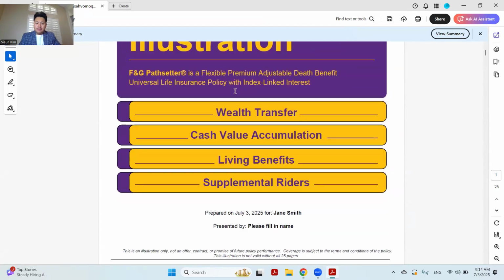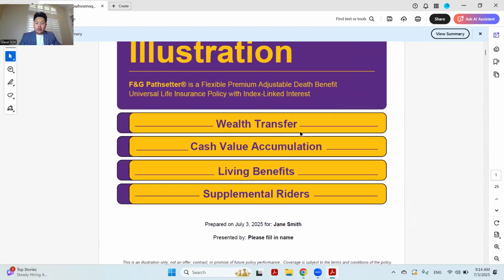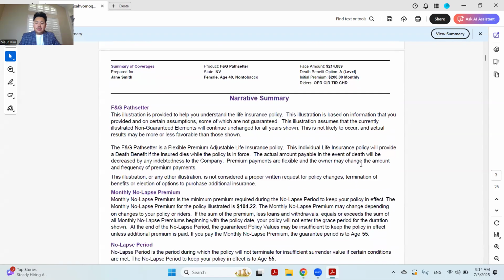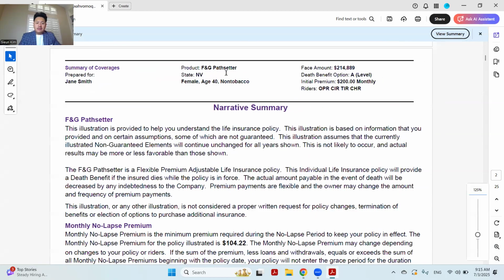So Pathsetter, it's an illustration. It focuses on wealth transfer, cash value accumulation, and living benefits. If you scroll down on the second page, it says Jane Smith, Nevada, female, 40 years old, non-tobacco.